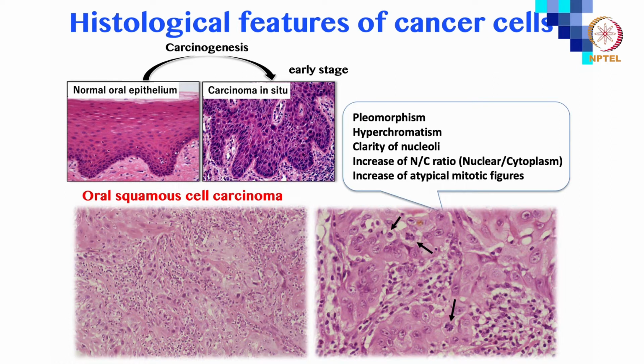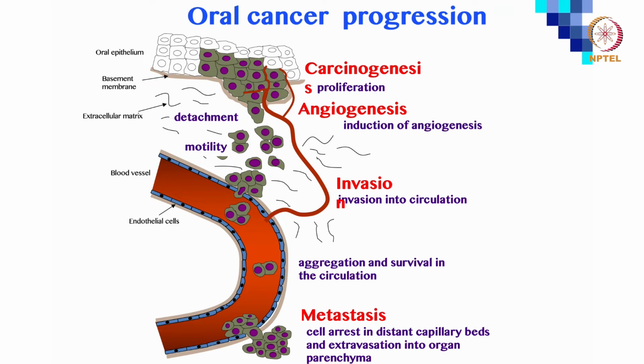Increase of atypical mitotic figures is the most important finding for diagnosis by pathologists. As I said before, most causes of death by oral cancer are local recurrence, cervical lymph nodes, and distant metastasis.